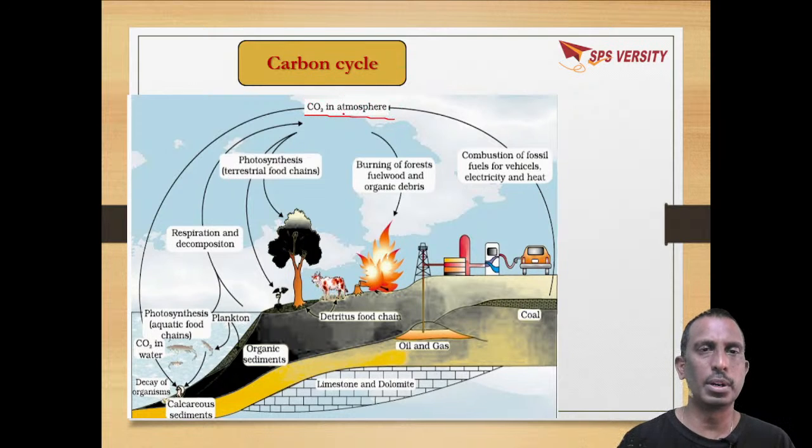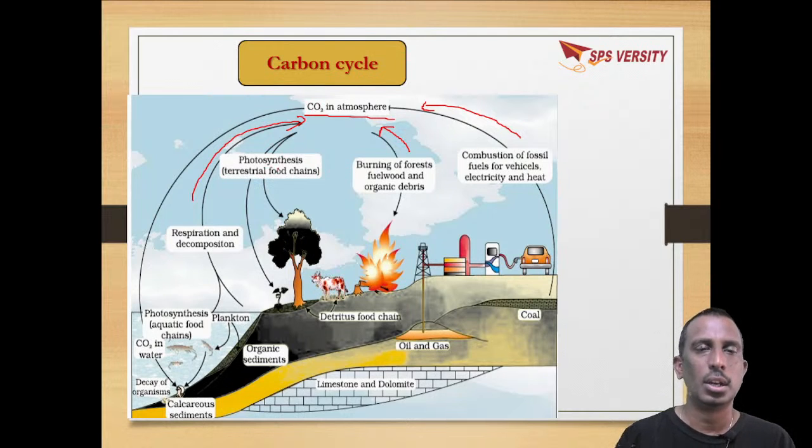Carbon dioxide reaches the atmosphere by burning fossil fuels, forests, combustion of fuels from vehicles, electricity, heat, and by respiration and decomposition.